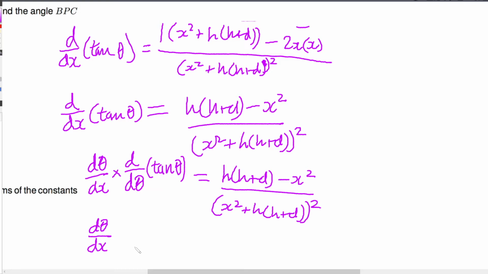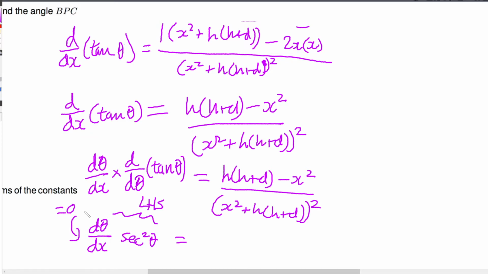Actually, do we need to do any of that? Because this is sec squared theta. It sort of doesn't matter what sec squared theta is, because as long as d theta by dx is equal to 0, then this whole left-hand side is equal to 0. And then the whole right-hand side must also be equal to 0 no matter what.